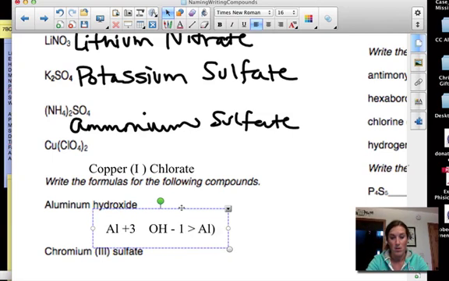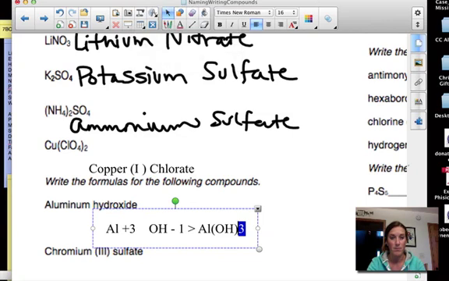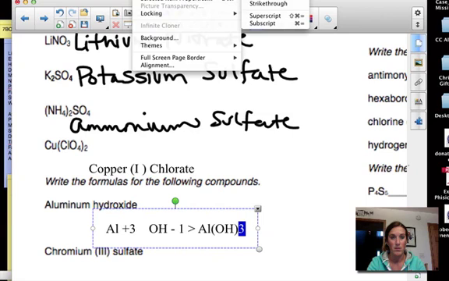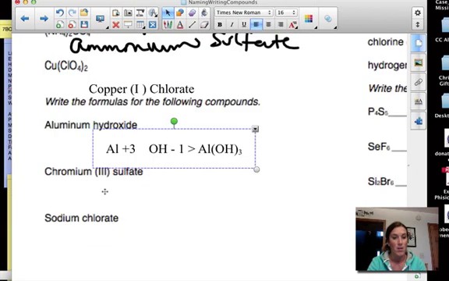Aluminum, OH, with a subscript of 3. We need 3 negative charges to balance out the +3 charge on the aluminum. There you go. Try the next 2 compounds on your own.